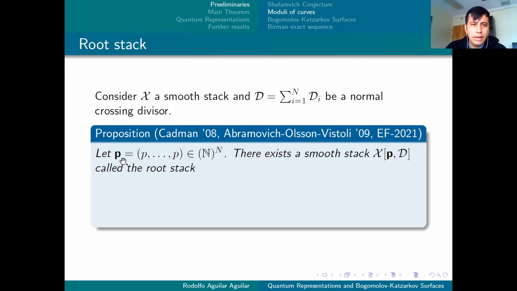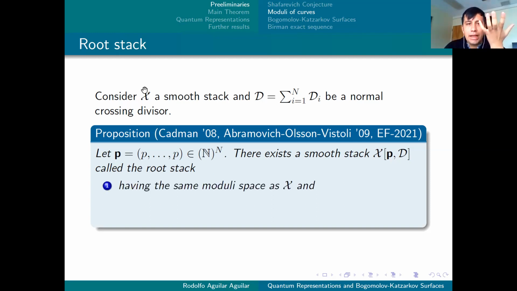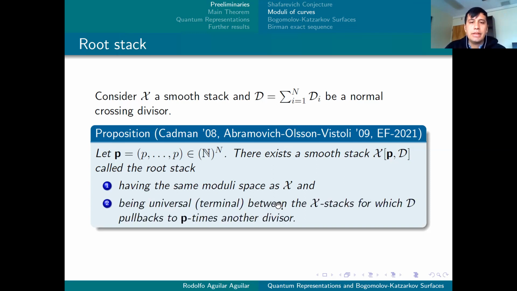So I will fix a p_i, natural numbers. And then there exists a smooth stack that I will denote by the root stack of X over this divisor, that satisfies the following properties. The stack underlies a variety called the moduli space, and it has the same moduli space as X. And it is universal among the stacks over X for which D pulls back to p times another divisor.